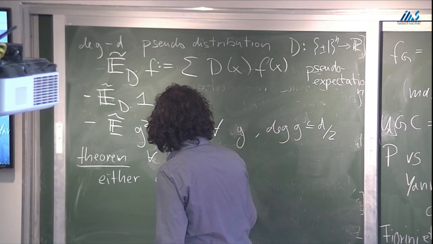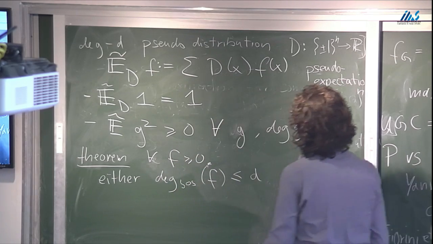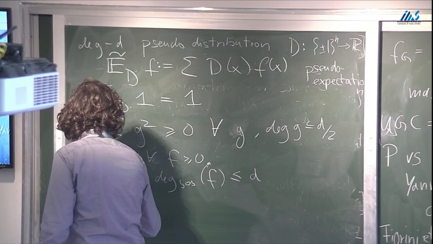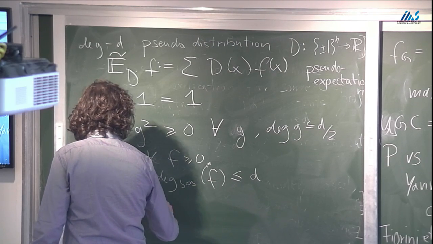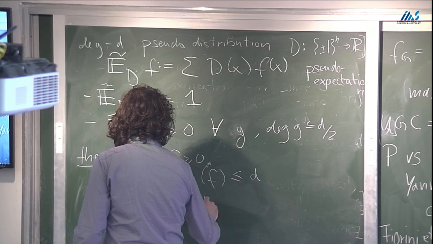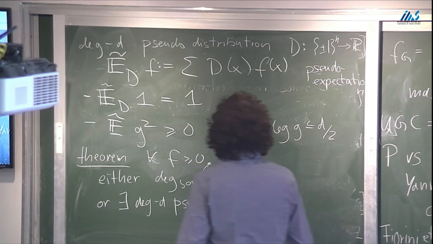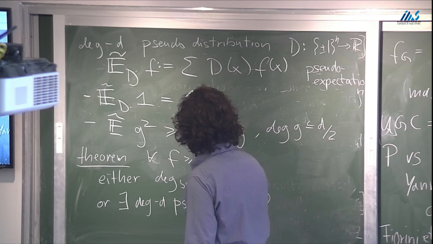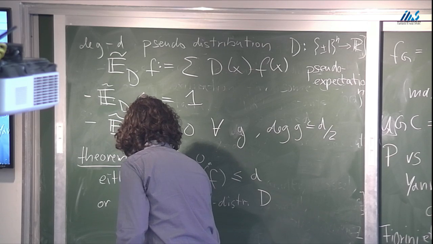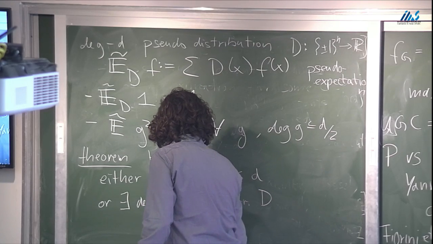For every non-negative function, either its sum of squares degree is at most d, so it has a low degree sum of squares certificate, or there exists a degree d pseudo-distribution capital D, such that the pseudo-expectation of the function under D is negative.